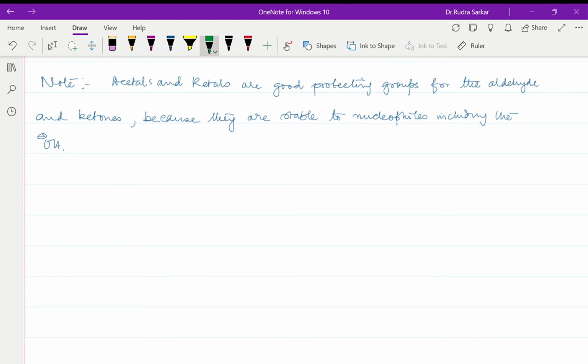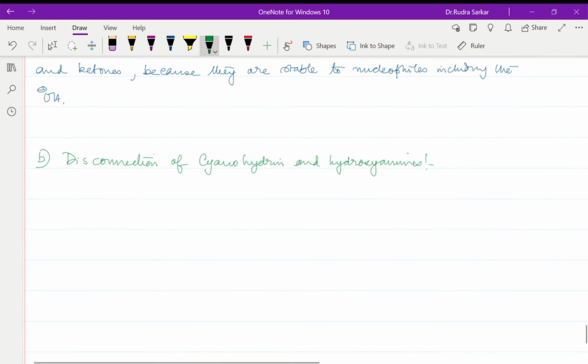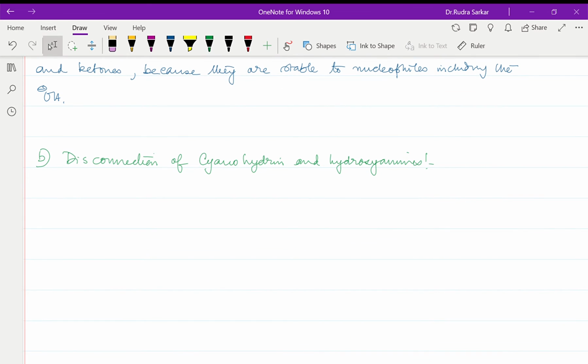So let us now consider the disconnection of cyanohydrin and hydroxyamines, and let's see how we can use this 1,1 CX disconnection to achieve the starting materials. So out here again we have R, R, OH and CN.